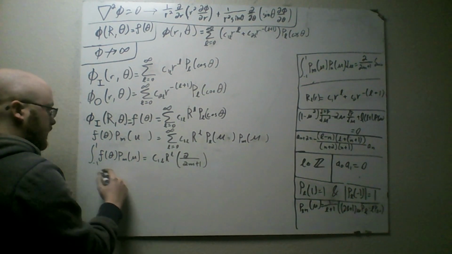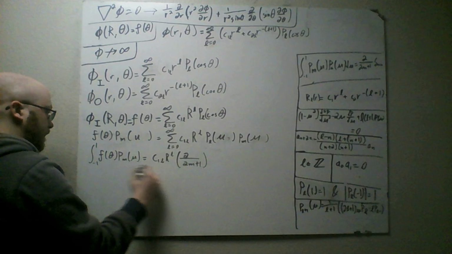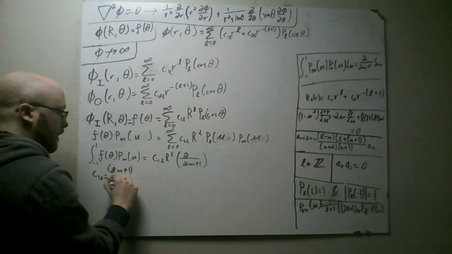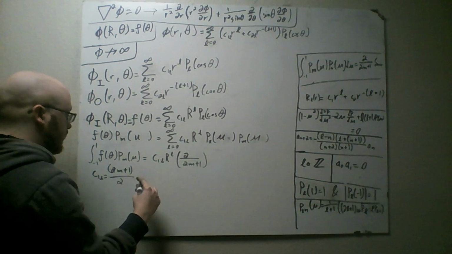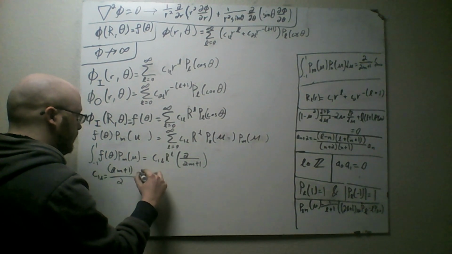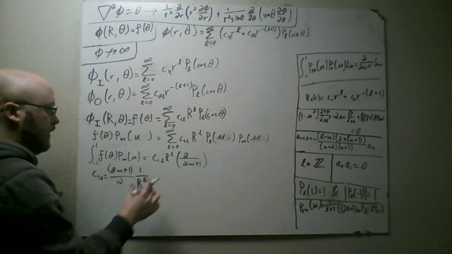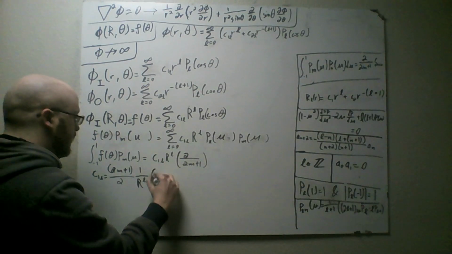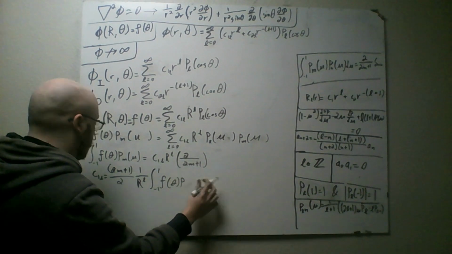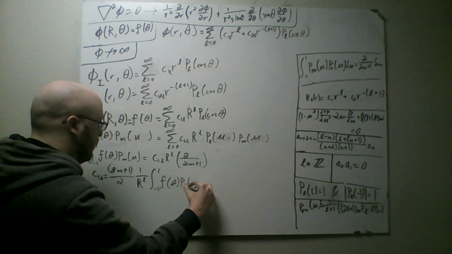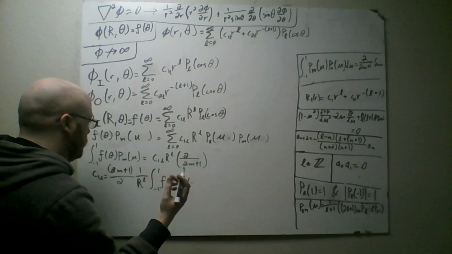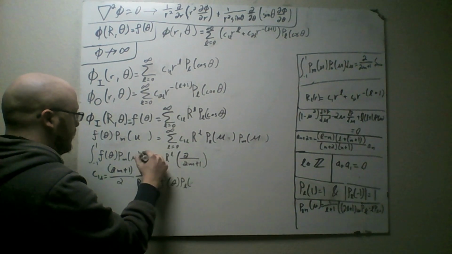Right? So what that means is that C1L is equal to 2m plus 1 over 2 times 1 over R to the L times the integral from negative 1 to 1 of f theta PL. Oh, this should have d theta.